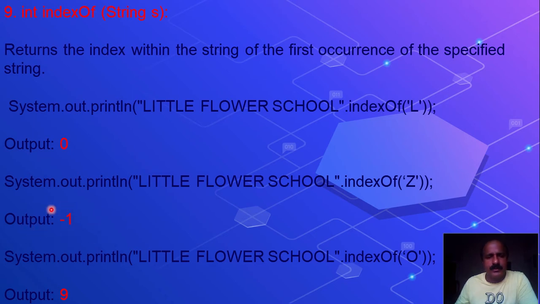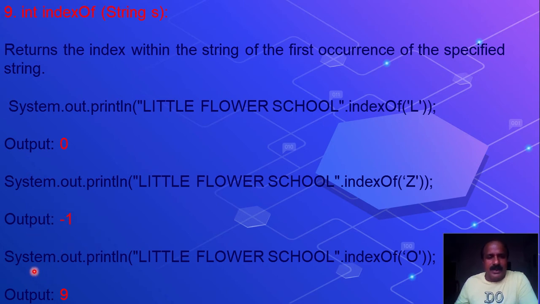This is very, very important to note down. In the absence of a particular letter in the string, you will always get -1. So this is going to be very important for your programming.